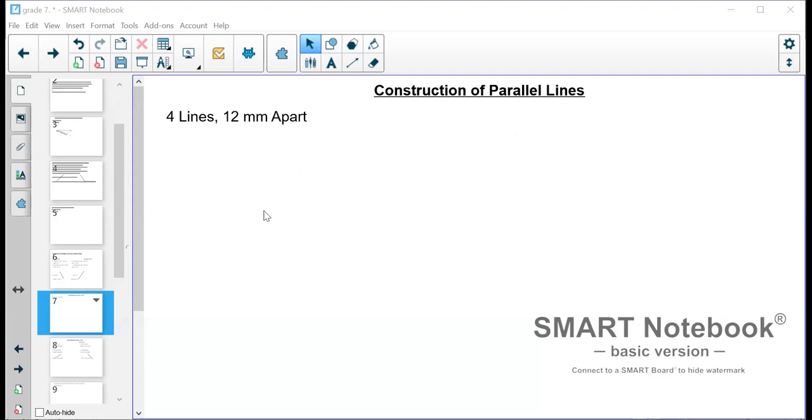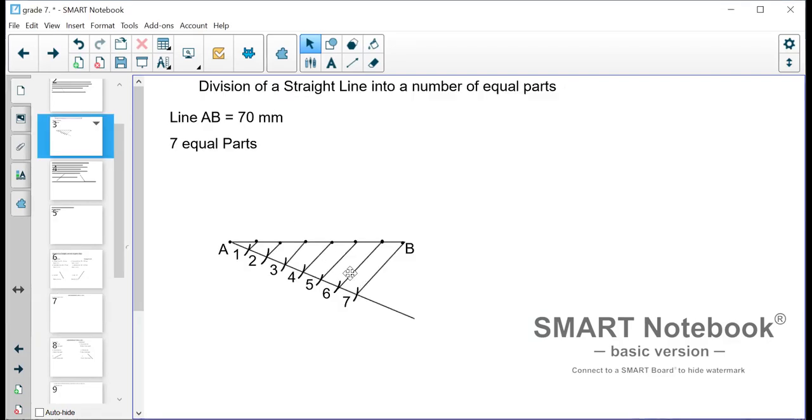Now, unknowingly, using the previous construction, you would have obtained parallel lines by means of sliding, right? Where we use the set square and the other ruler. So obtaining these lines by sliding is one way in which we obtain parallel lines, right?